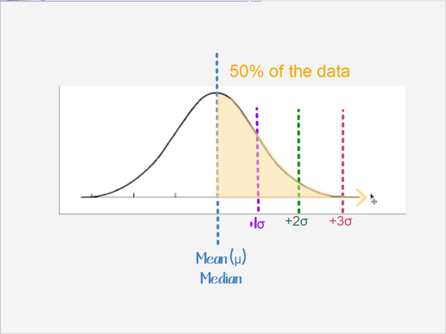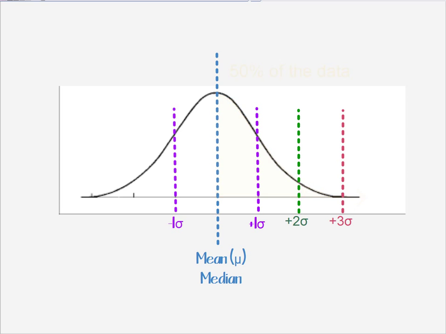So if I include all of the possible outliers, then everything to the right of the mean or middle of my normal curve contains 50% of my data. It's important to realize that that 50% really does include any outliers that might lie on this side of my graph.